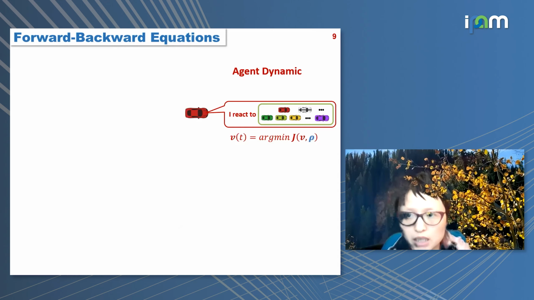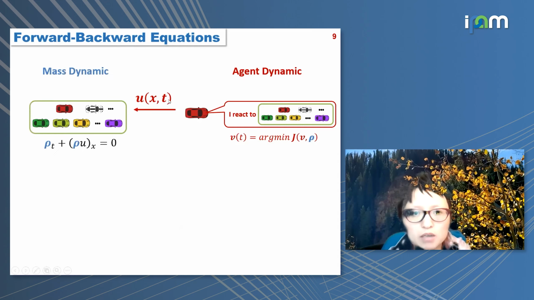Then we mainly look at a generic car's movement. This generic car just solves objective J, and you can see all the other cars' velocity is reduced to traffic density. I will skip the derivation, but the basic idea is that all other cars' velocities contribute to the density, and then this car just needs to select its velocity in response to the traffic density. Assuming the density is known when we solve the agent dynamic, we can solve a velocity field.